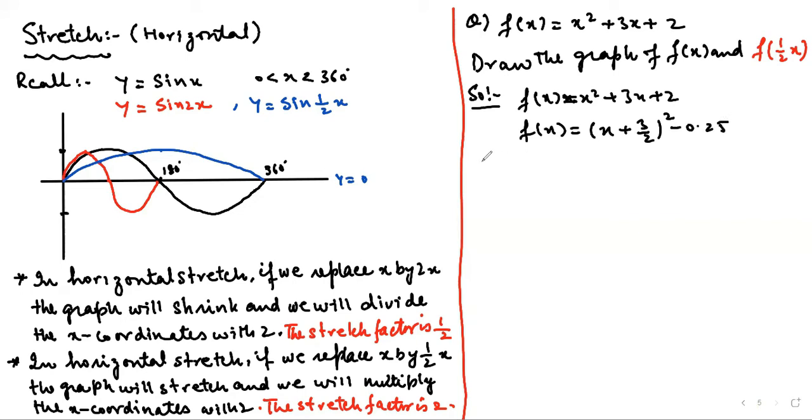For this graph, the line of symmetry is x is equal to minus 3 by 2.